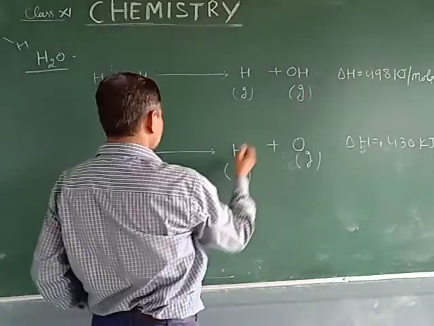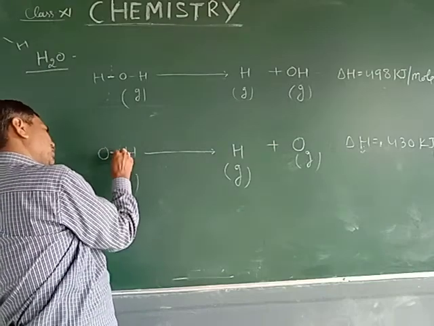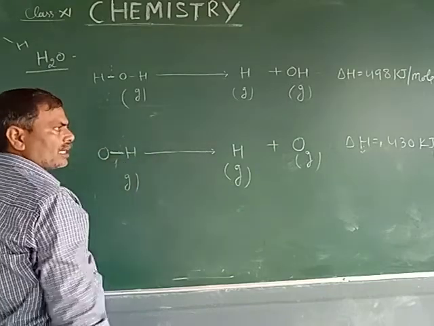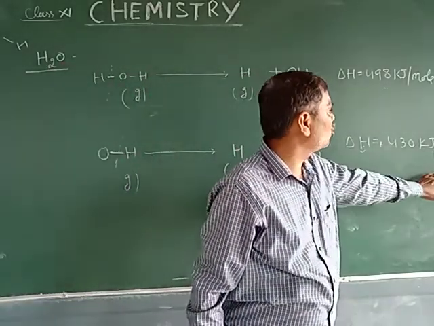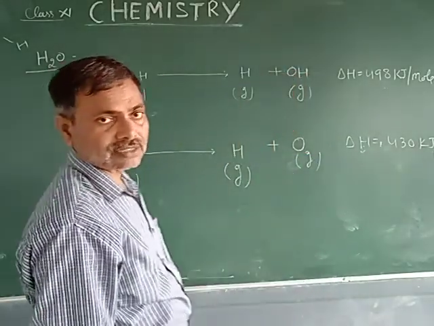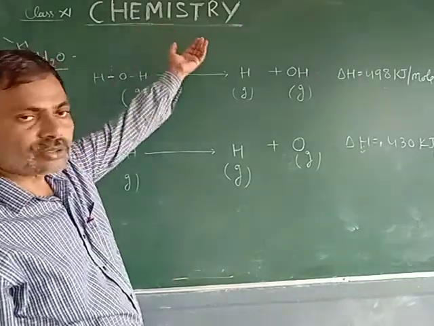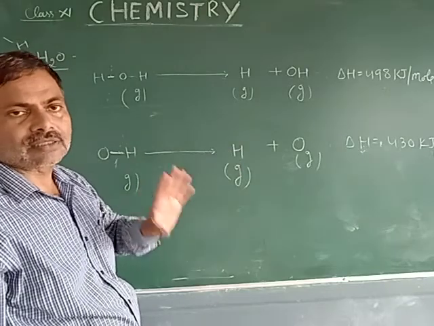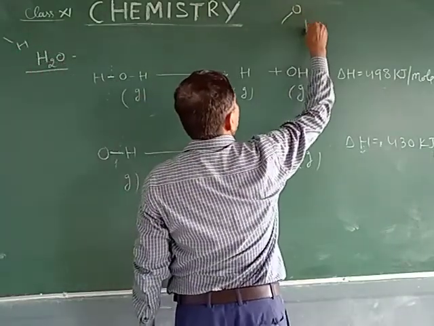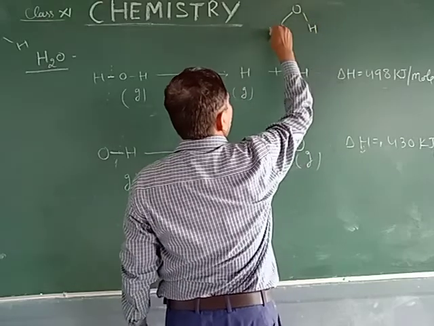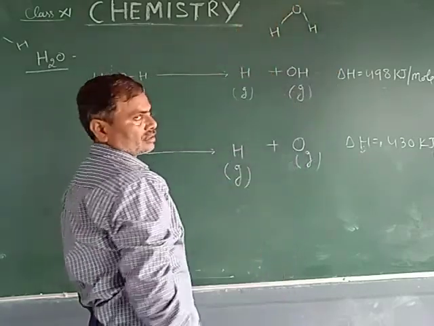When we get OH, now if we have to break this bond to release the hydrogen, 430 kilojoules per mole of energy is required. I mean to say, hydrogen is bonded with oxygen. This hydrogen is bonded with this oxygen.